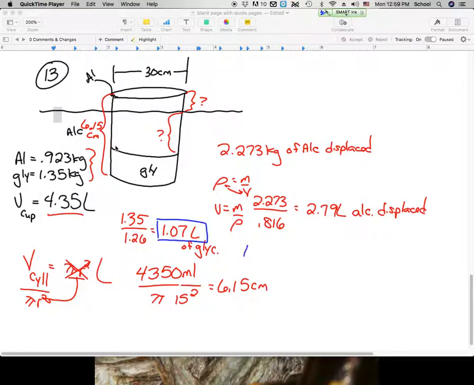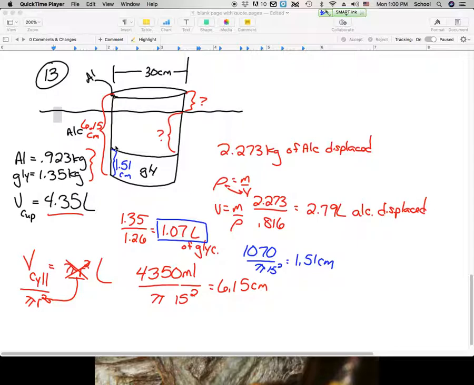So now we're going to have 1,070 divided by pi times 15 squared, and that gives me 1.51 centimeters. So that's going to be that distance. Does that make sense?